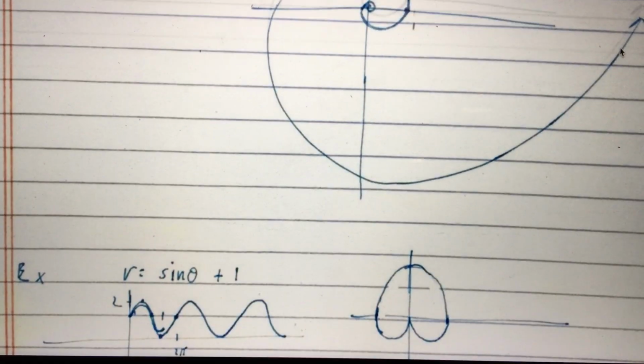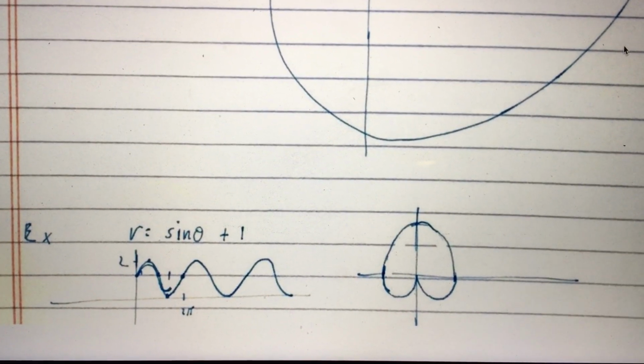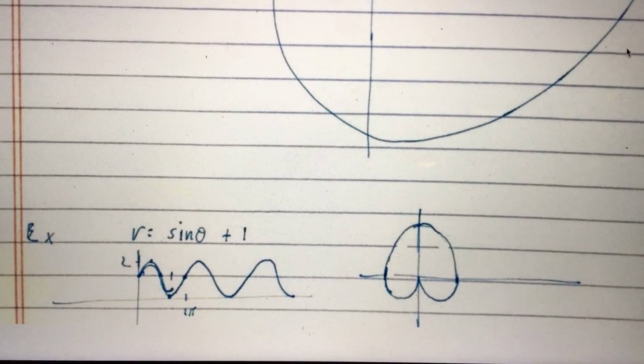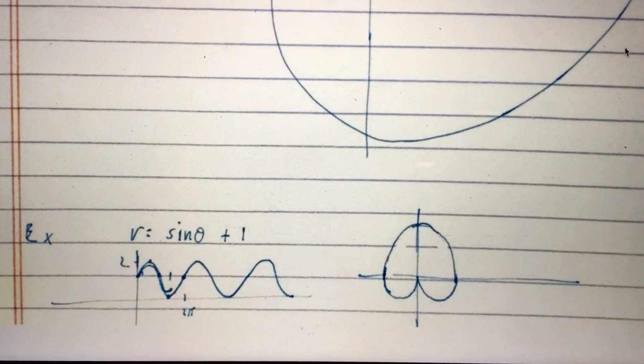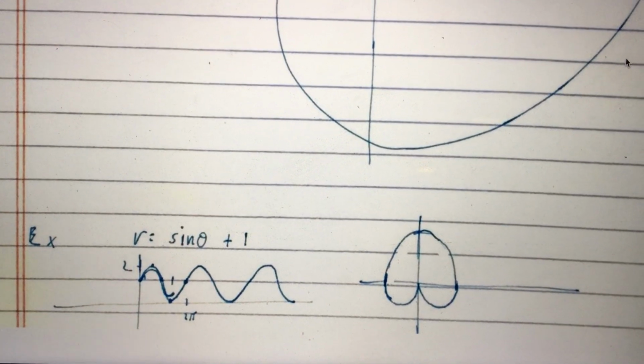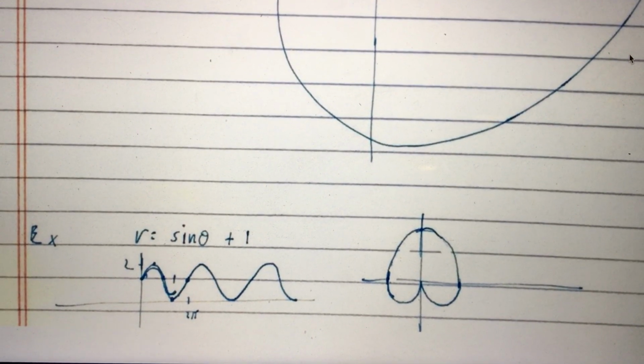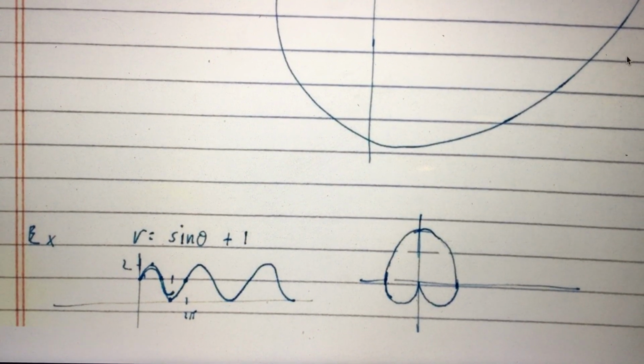Okay, then here are some interesting ones. When you put in trig, like r equals sine theta. This time I decided to make it a little easier to graph by saying sine theta plus 1, which shifts the graph of sine theta up so that it's all above the axis, or touches the axis, all greater than or equal to 0.